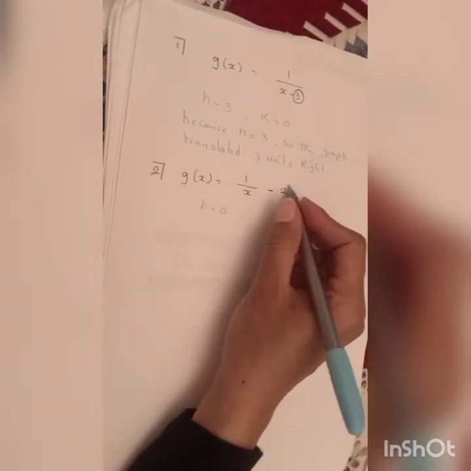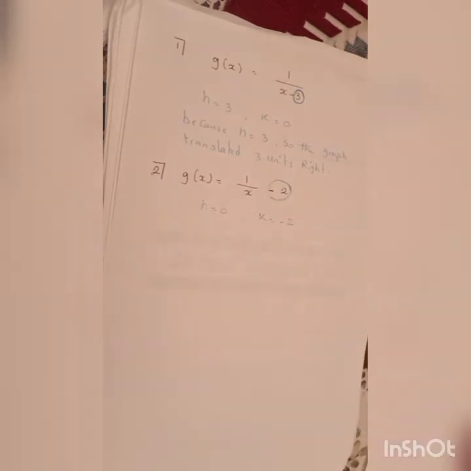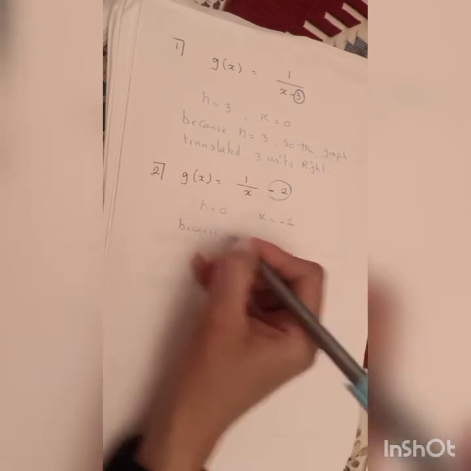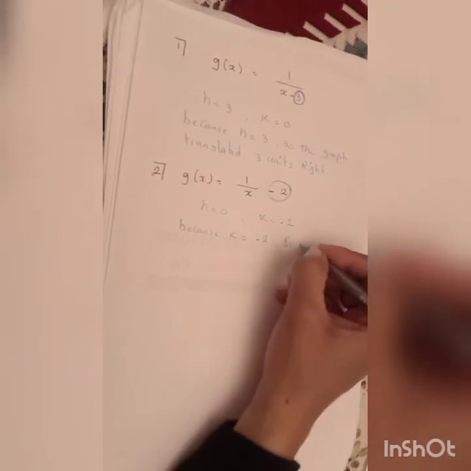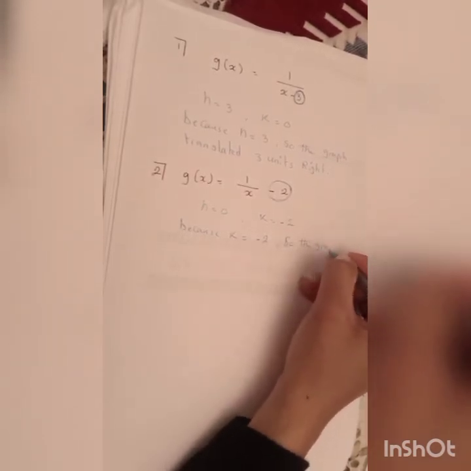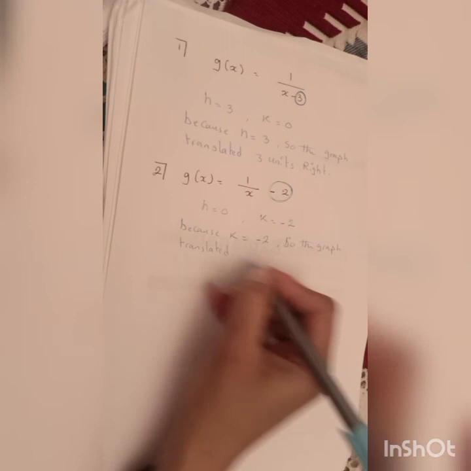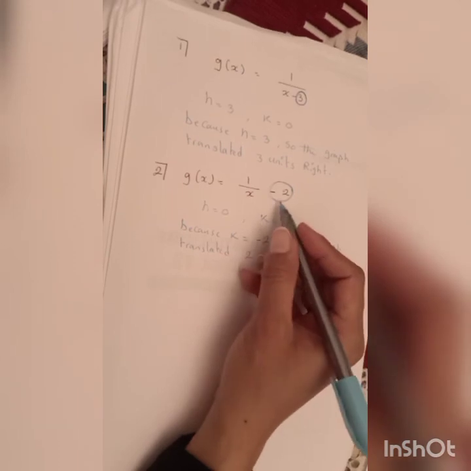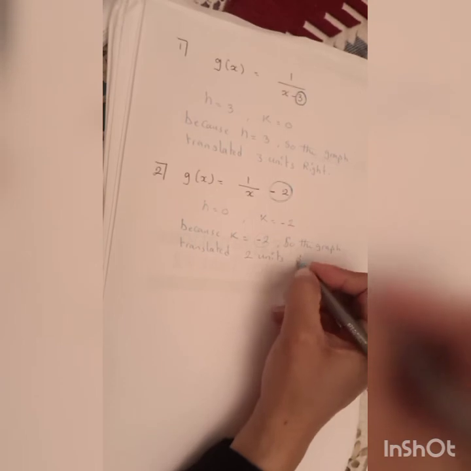Yes, this is the value of k, and k equals negative 2. Because k equals negative 2, the graph translated 2 units. k represents a vertical translation, and it's negative, so it's 2 units down.